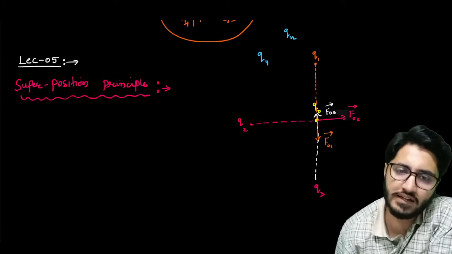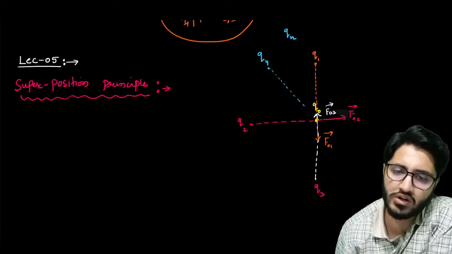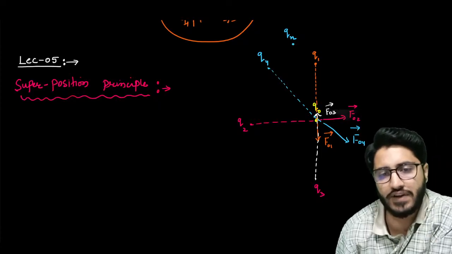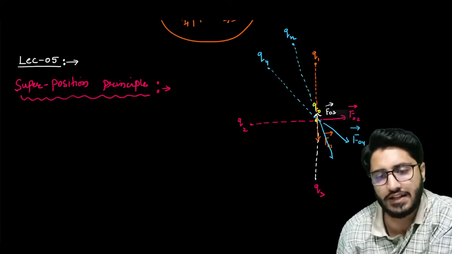In the same way, Q4 will apply a force on Q naught like this. It is force on 0 due to 4. In the same way, let's say we have n particles, so these n particles will also act here. It will apply a force like this, force on 0 due to n.